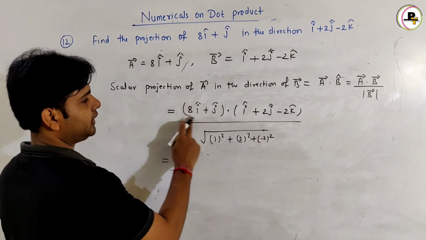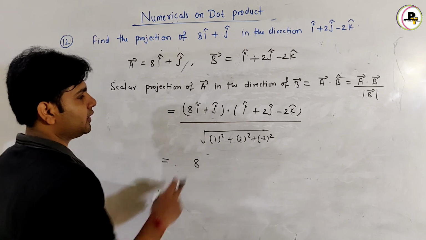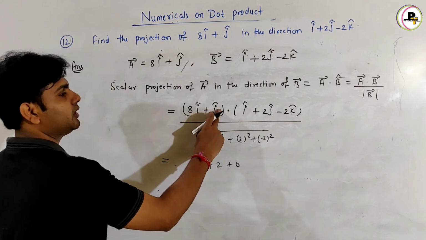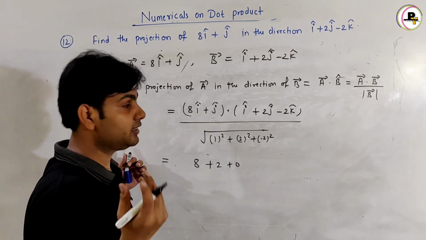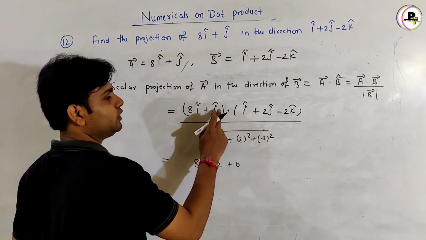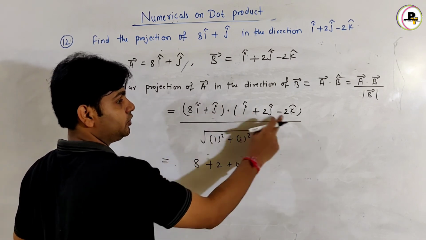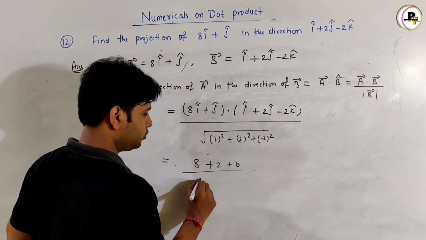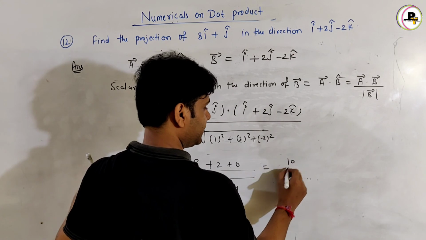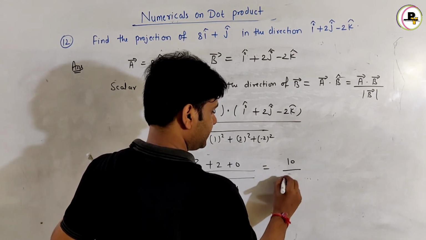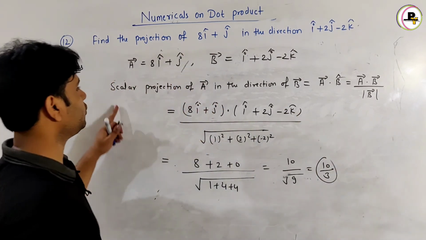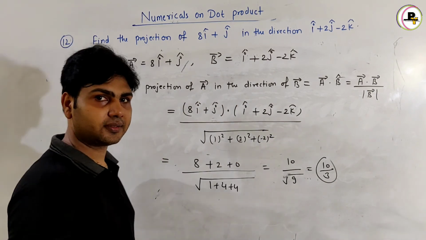This value is equal to what? 8 into 1, that is 8, and 1 into 2, that is 2, and plus I will get 0 because there is no component of j, there is no coefficient of k cap because the k cap term is absent. So I will take the coefficient of k cap as 0, and 0 into minus 2 will be 0. And this is square root of 1 plus 4 plus 4, that is 9. This is equal to 10 divided by what? Square root of 9, and that's equal to 10 by 3. This is the scalar projection of a vector in the direction of b vector.